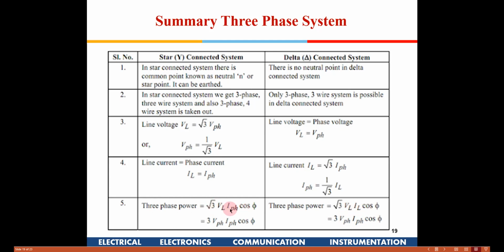If you remember that this way, the formula is the same, √3 line voltage into line current into cos phi. If you remember that, it will be okay. So if you remember this particular table, you should be able to understand the concept and tackle all numerical questions. So this table is important for all of you.